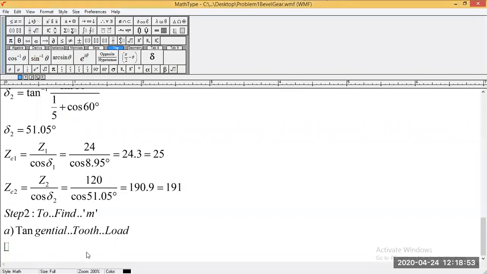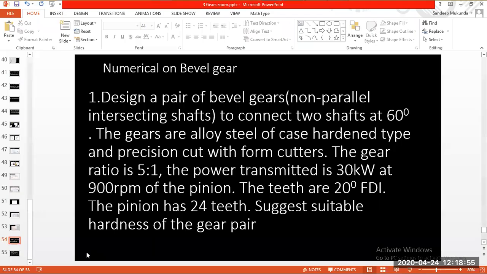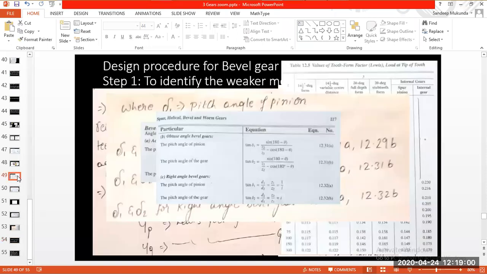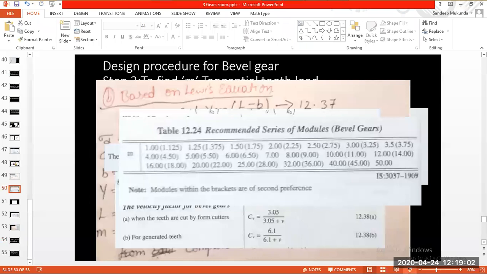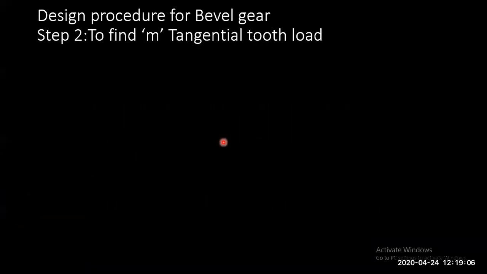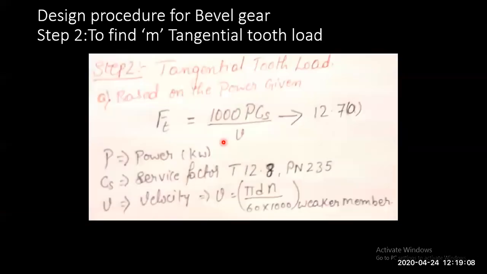The tangential tooth load, we'll use a generalized equation. We'll go back to the data handbook. Step 1 is done, this is step 2. First thing you need to note down is this formula, which is in equation 12.7a.